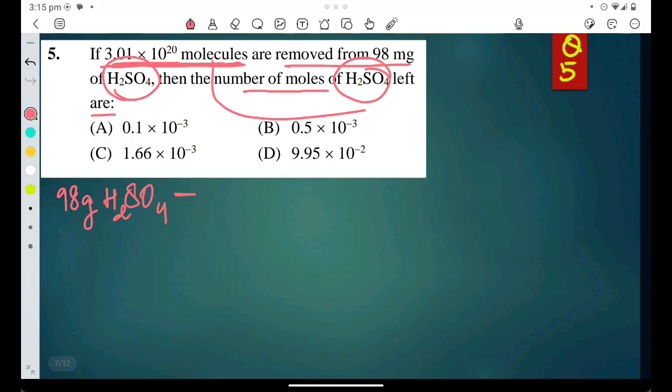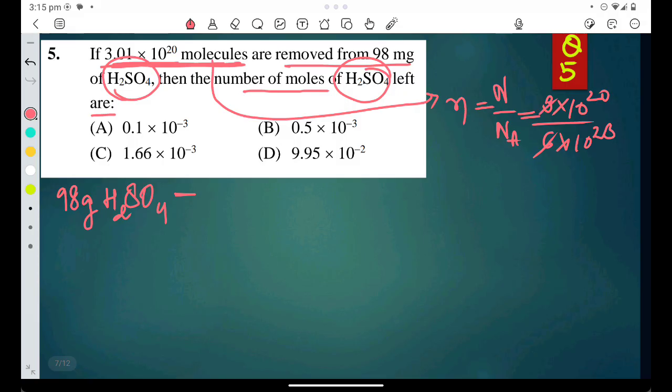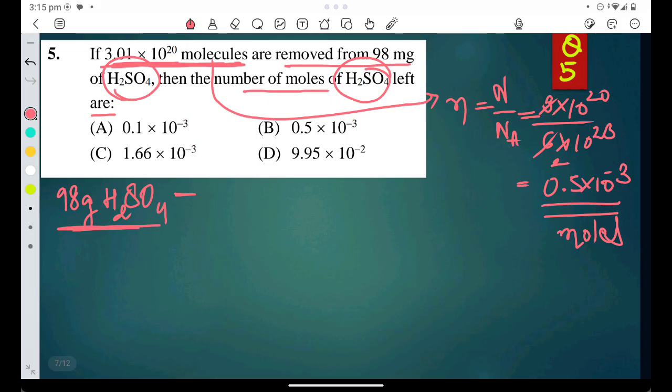And if I manipulate this in terms of moles, I'm going to use the formula: number of particles divided by Avogadro's number. So this is going to be 3 into 10 to the power 20 by 6 into 10 to the power 23, and I'm going to get 0.5 times 10 raised to the power minus 3. So this much moles I'm supposed to subtract from this much moles. So it is 0.5 into 10 to the power minus 3 moles.